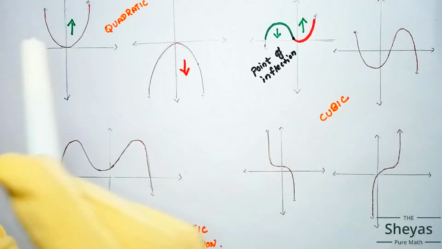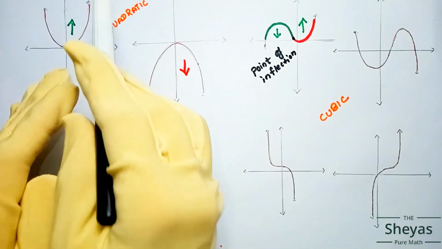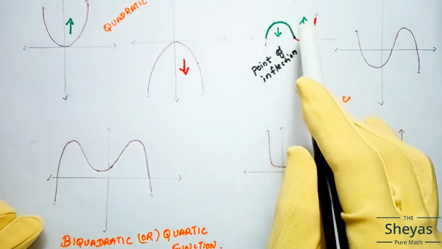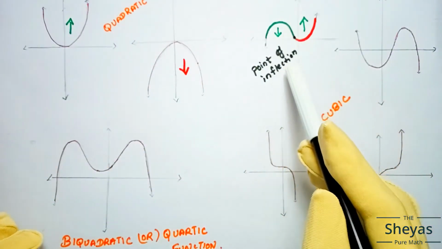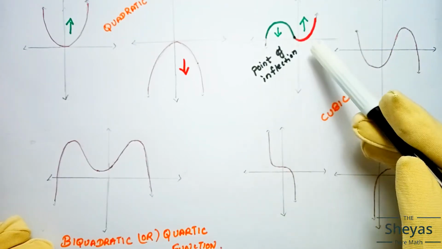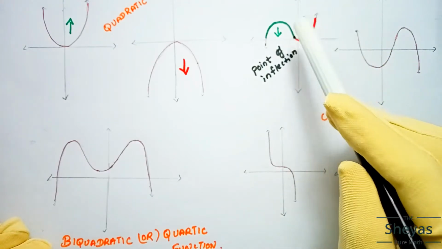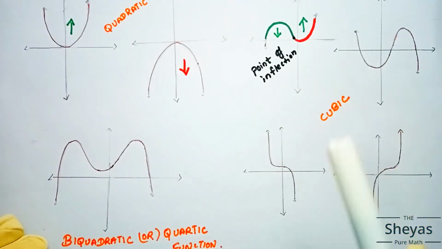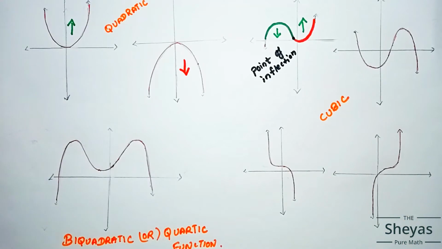See, this change is not here. It's just concave upwards and this is concave downwards. But see this graph. This is concave downwards and concave upwards. So this change of concavity, this change of direction at this point is called the point of inflection.